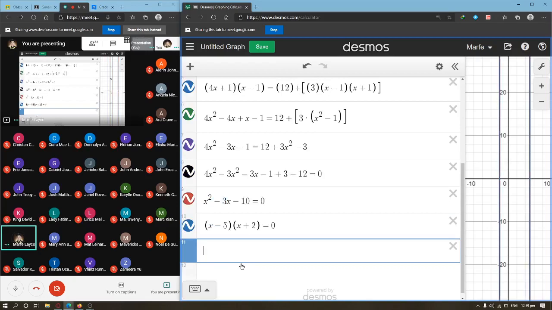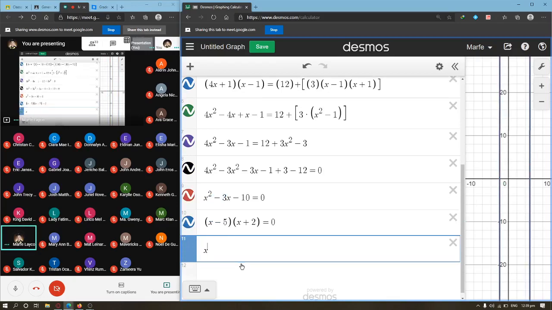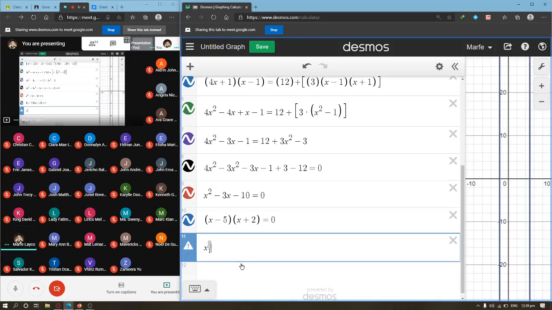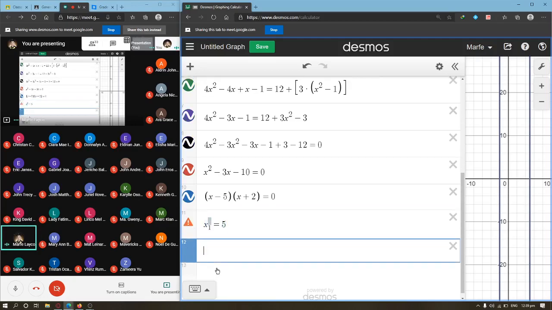So, our x1, the first value of our equation is positive 5. Bakit? Kasi x minus 5 is equal to 0, transpose x is equal to positive 5.